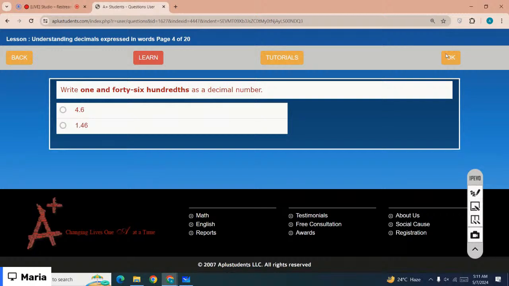Right, 1 and 46 hundredths, which is the correct option? That's the second one. 1.46 is the correct option.